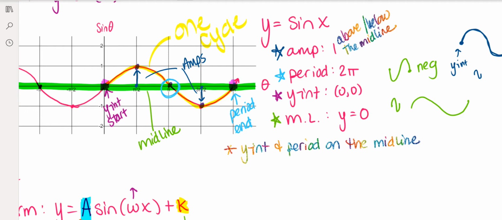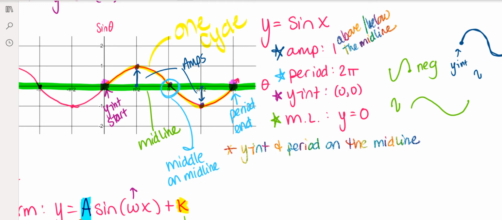But it's okay. I'm happy that you are reading my thoughts right now. That middle point, it's the middle. It breaks that period into 2 perfectly even pieces and it is on the midline. So this point is the middle on the midline.